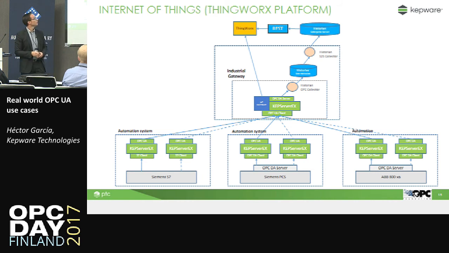So in the end, they decided to use ThingWorx to collect the data in real time from Kepware EX, also to historize data and apply whatever analytics they needed, using some RESTful calls to the historian database, and then be able to show some dashboards for real-time data coming this path, okay? Or some dashboards of historical data coming this path.